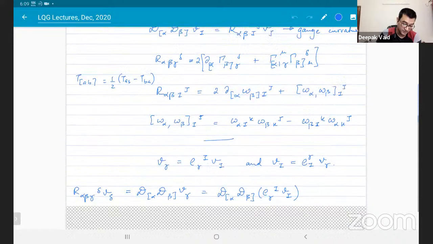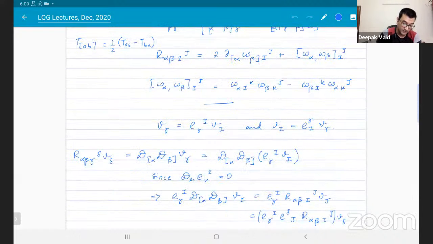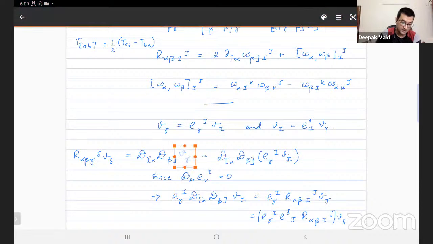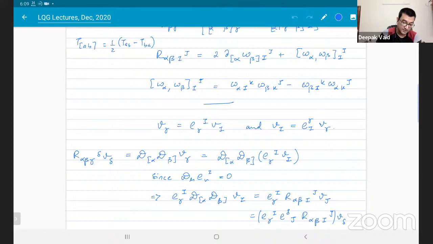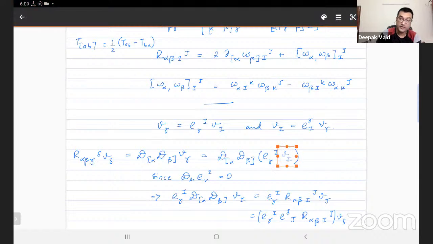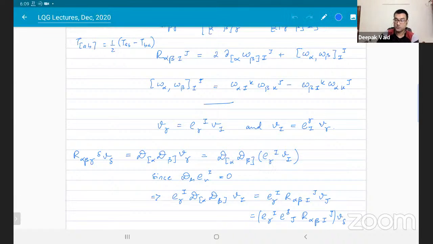So then we can look at this expression again, and this is given by this. Now we take this V and we can write it as something with a purely internal index contracted with a tetrad. The tetrad is a soldering form, so it allows us to map between the tangent space and the internal fiber.